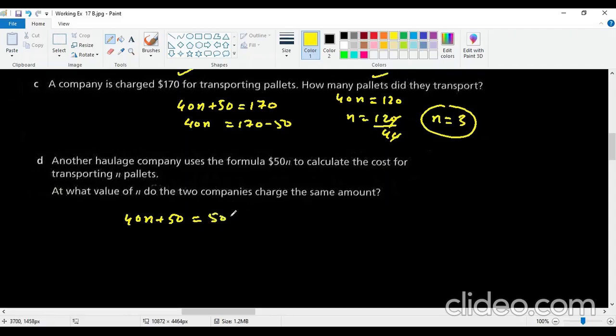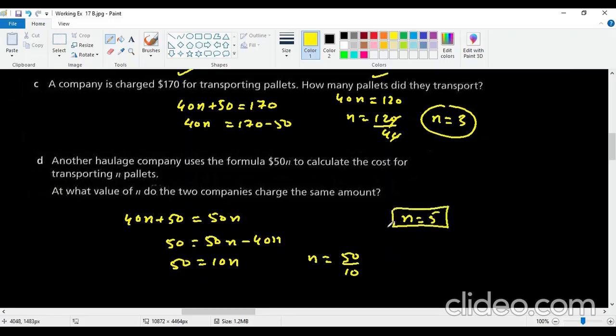So what I will do is keep 50 here and 50n minus 40n. So 50 equals 10n. So that means n equals 50 divided by 10. So n is 5. If the number of pallets is 5, the price for both companies is going to be the same.